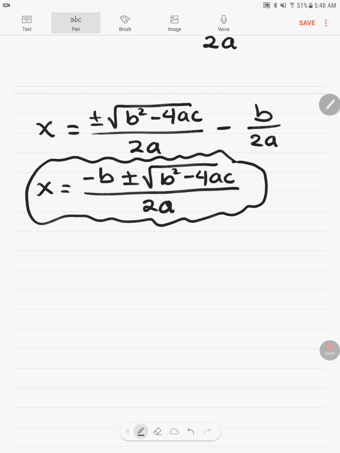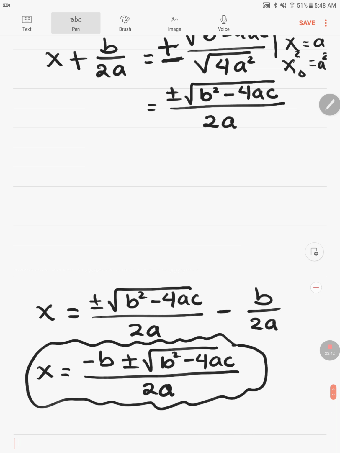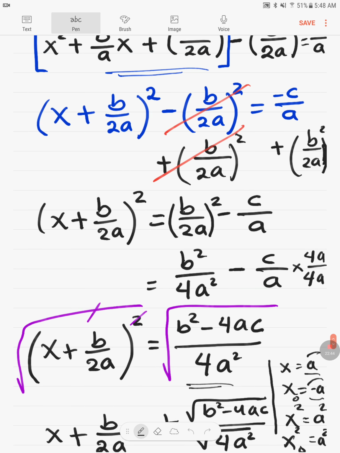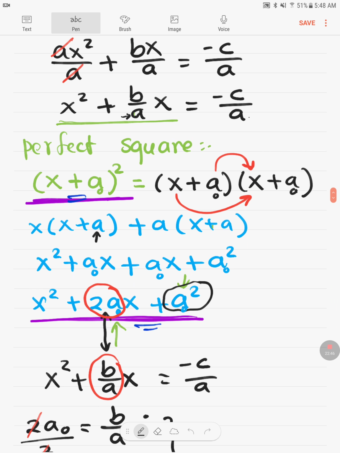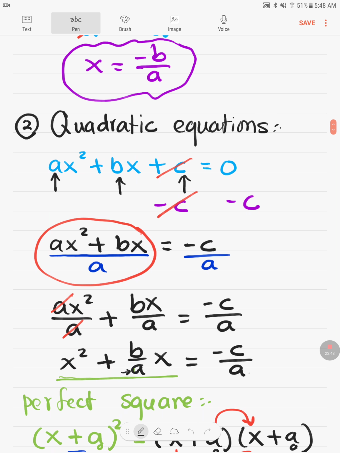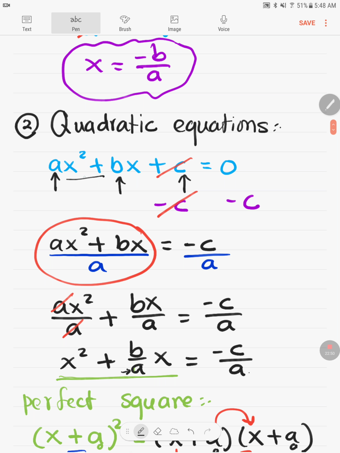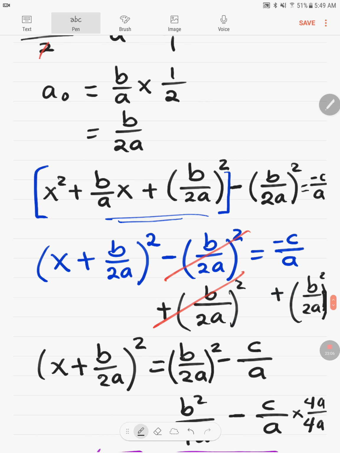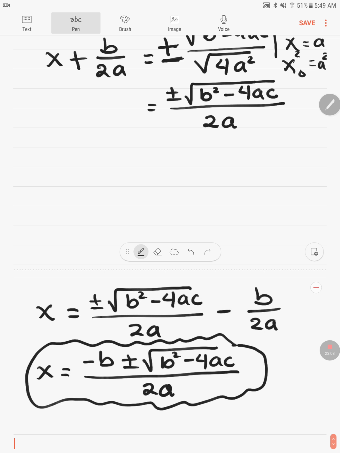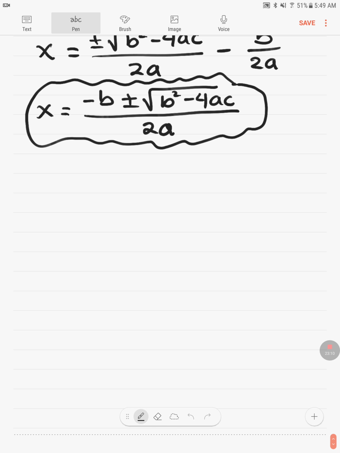That involves a quadratic equation in this form. So for this form of equation in general, we could find what x is by knowing a, b, and c according to this equation here.